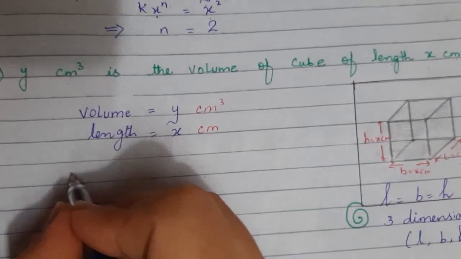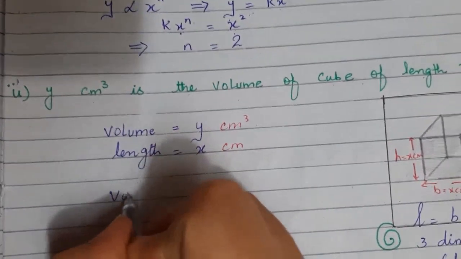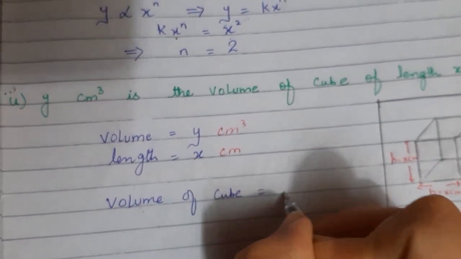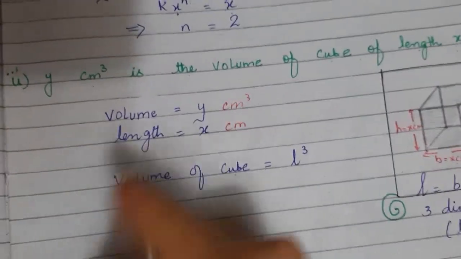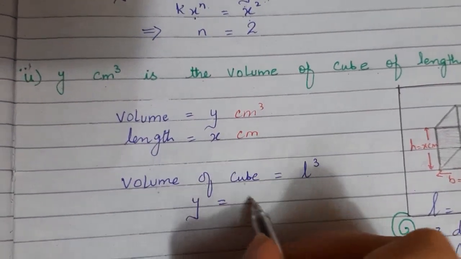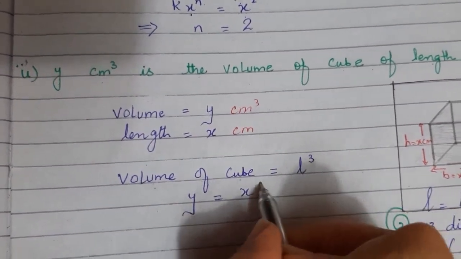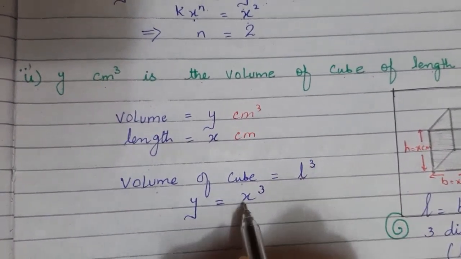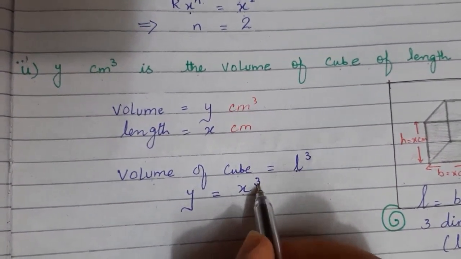Now how can we solve it? We know that volume of cube is equal to length cube. What is the volume of the cube here? Y. What is the length? X, and the power must be cube. As here the length has the power 3, so we have to write x power cube.